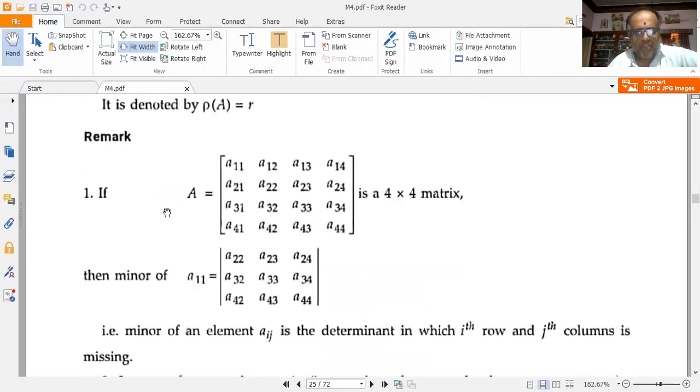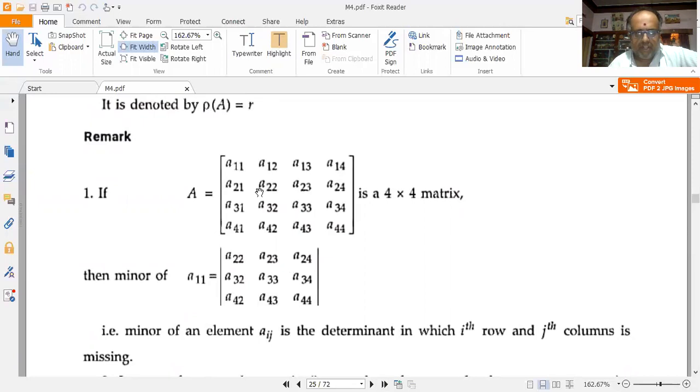Now suppose capital A is a 4 cross 4 matrix having the elements A11, A12, A13, A14, A21, A22, A23, A24, A31, A32, A33, A34, then A41, A42, A43 and A44. Then the minor of A11 is A22, A23, A24, A32, A33, A34, A42, A43 and A44.